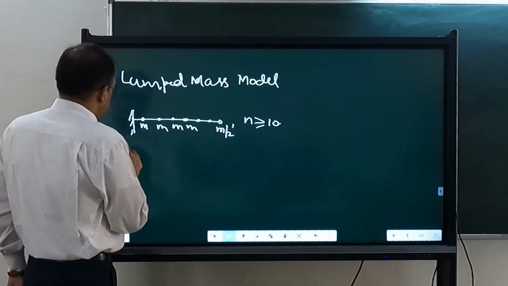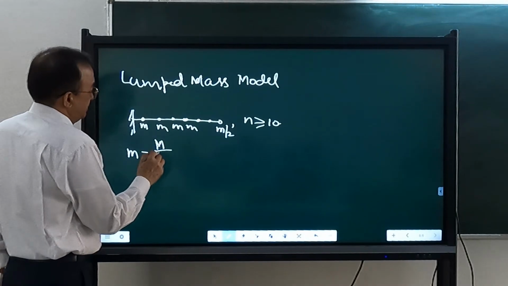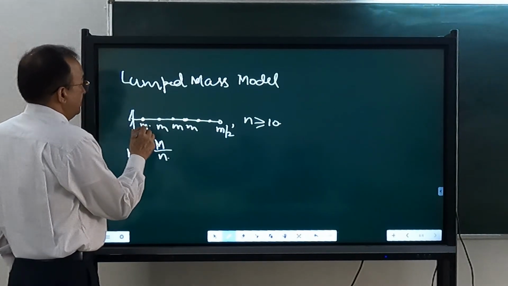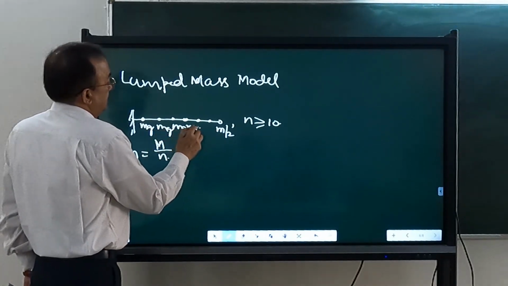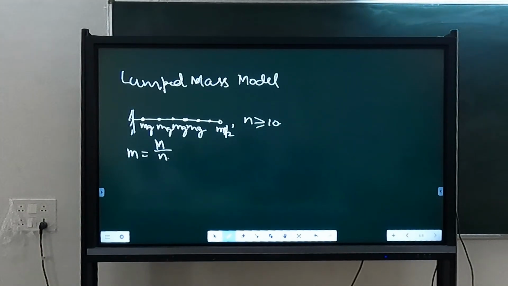The total mass M is divided into n points, so each point will have mass m and force mg.